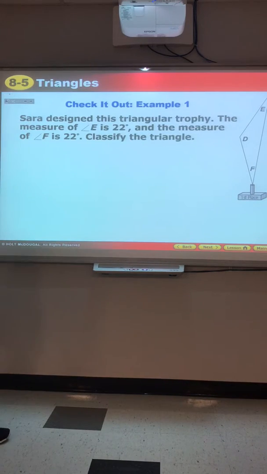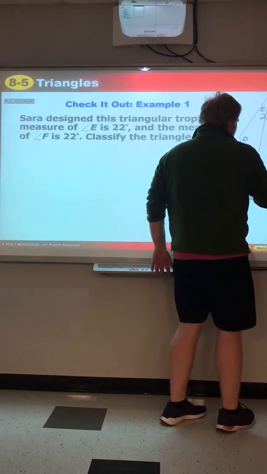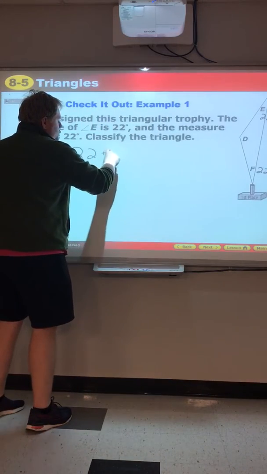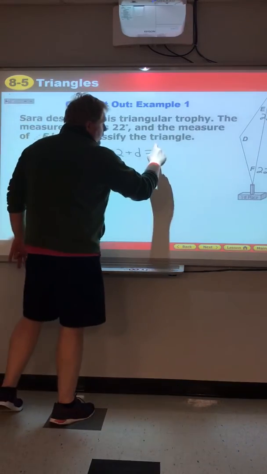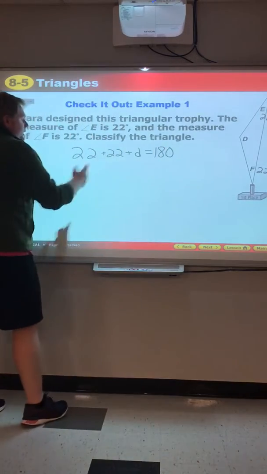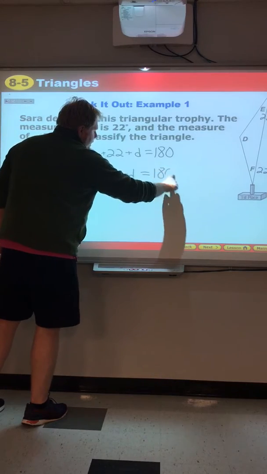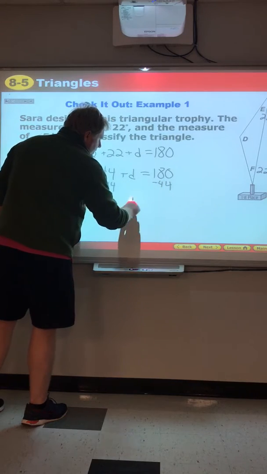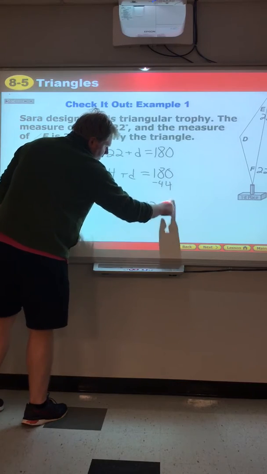Now with this one, E is 22, F is 22. And we don't know what D is. Hopefully you see when I add 22 plus a 22 plus D, which I don't know what it is, it'll equal, I heard somebody say it, 180. 44 plus D equals 180, and we subtract our 44, and D ends up equaling 136 degrees.